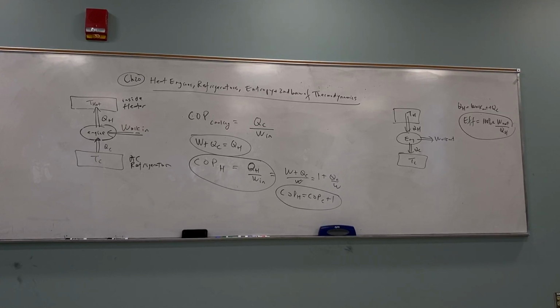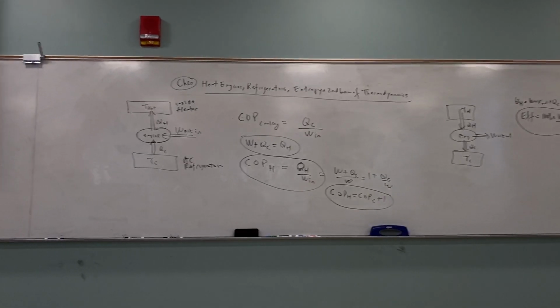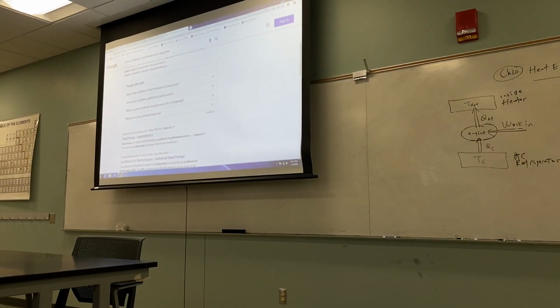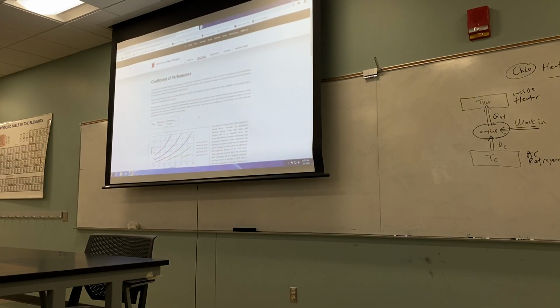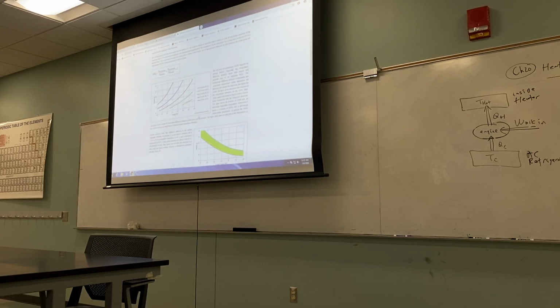So, typical coefficient of performance. Now let's see, even this other website says 3 to 4. Industrial heat pumps, let's see what they're at. Oh, okay, you see that? This graph.